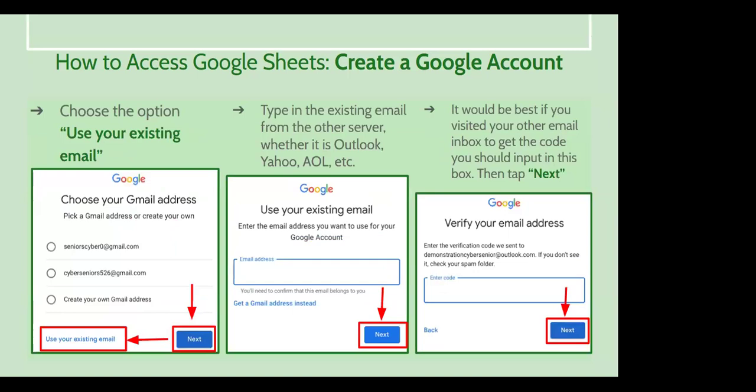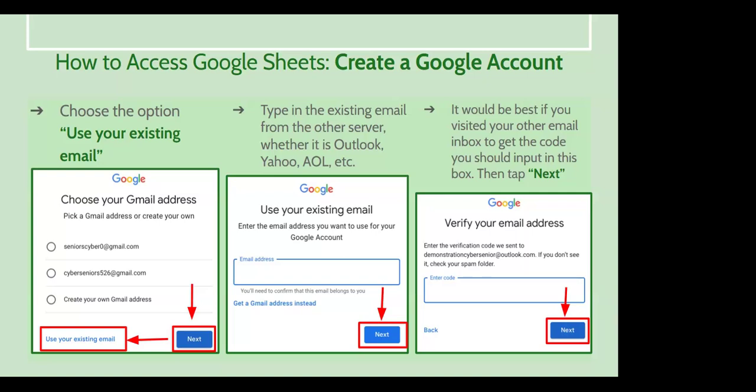Continue with the process, then you will be choosing an option to either use an existing email. What this means is, even though you are creating a Google account, if you have an existing email from other servers, such as Outlook, Yahoo, AOL, you can use that, and it will enable that email just for the sake of being able to use Google Drive.